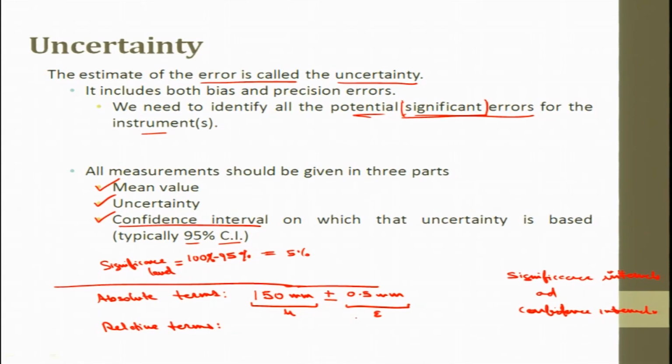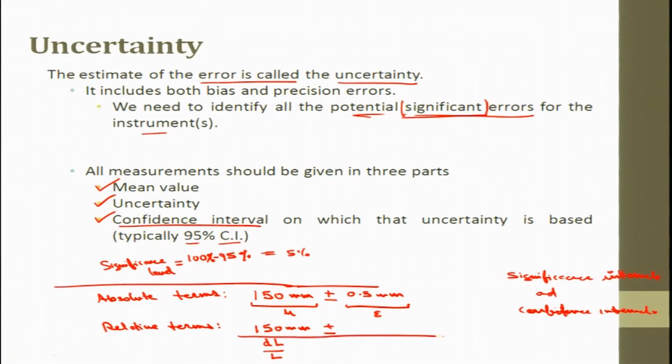In relative terms, what could be relative terms? Relatively, I could pick percentage here. So it can be 150 mm plus or minus, so what is 0.5 of 150? This is actually delta L by L, that is, the error divided by the length.